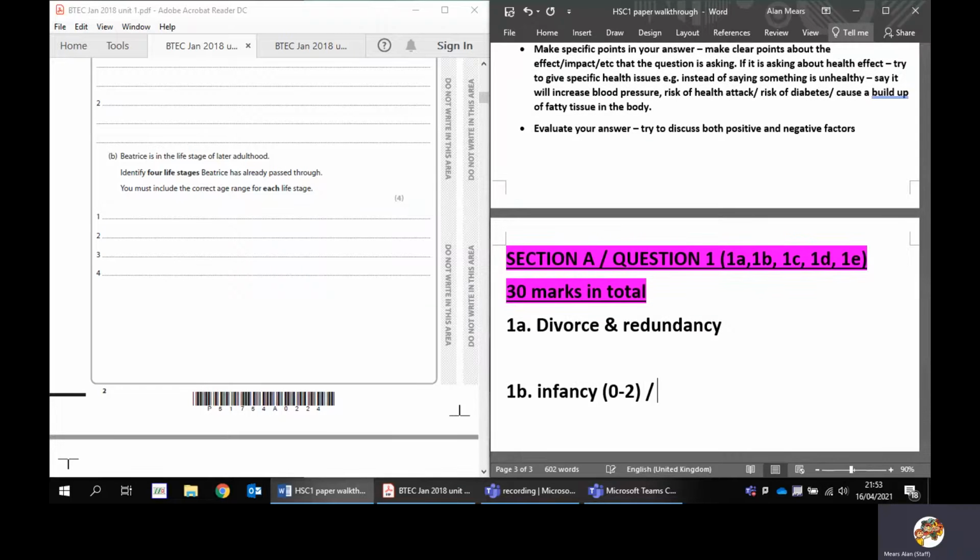Then she would have moved into childhood, which is 3 to 8. After childhood comes adolescence. Spell it adolescence.